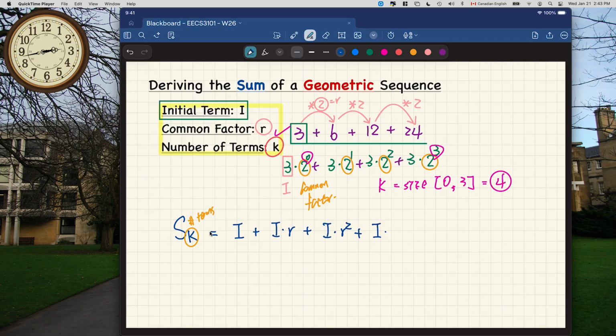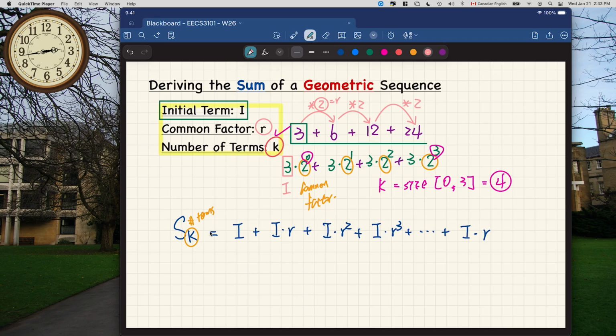I times r to the power of 3, all the way to I times r to the power of what? So here's something we want to figure out, given that we have k terms. k minus 1, yeah, that's right.